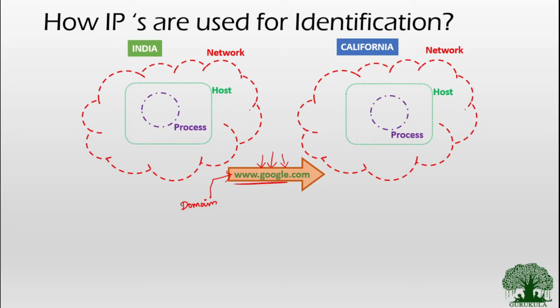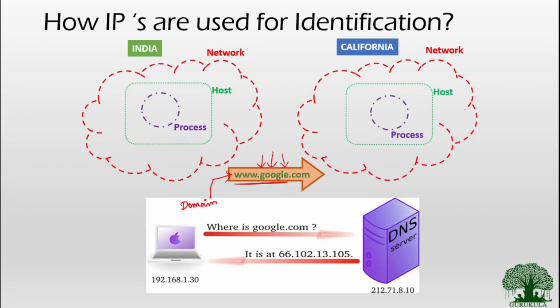That is where another small principle comes into the picture. We call that DNS, the domain name server. These domain name servers are giant dictionaries, or a giant phone book, I can say, storing the IP address of each and every domain. So instead of this request directly being delivered to California, it is given to the DNS server first. www.google.com will be given to the DNS server, and my DNS server will look up its entire table and respond back with an IP address like this.